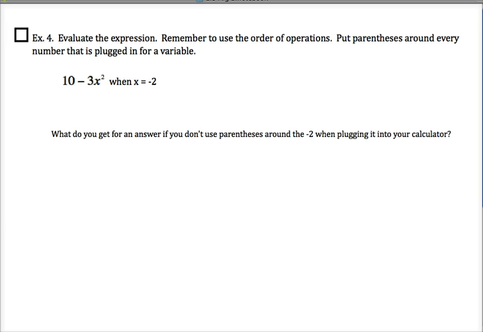Evaluate the expression. Remember to use the order of operations. Put parentheses around every number that is plugged in for a variable. Now maybe you forgot your order of operations, so I guess this is a time for me to jot it down here. You might have been taught, please excuse my dear Aunt Sally. Problem with that is I get students who think multiply is more important than divide, and it's not. But it's please, parentheses, P, excuse, exponents.